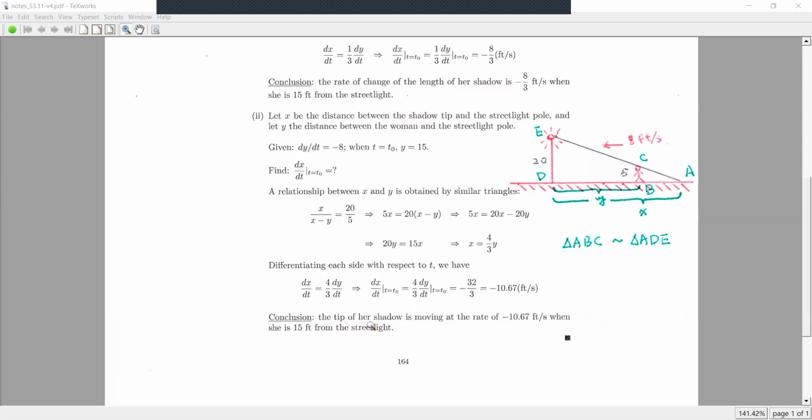The tip of her shadow is moving at the rate of negative 10.67 feet per second when she is 15 feet from the street light. Negative means the distance between the tip and the light pole is decreasing. x is decreasing, so negative.